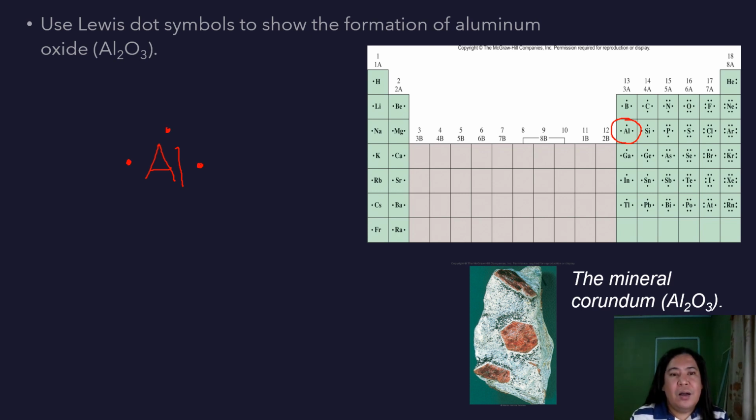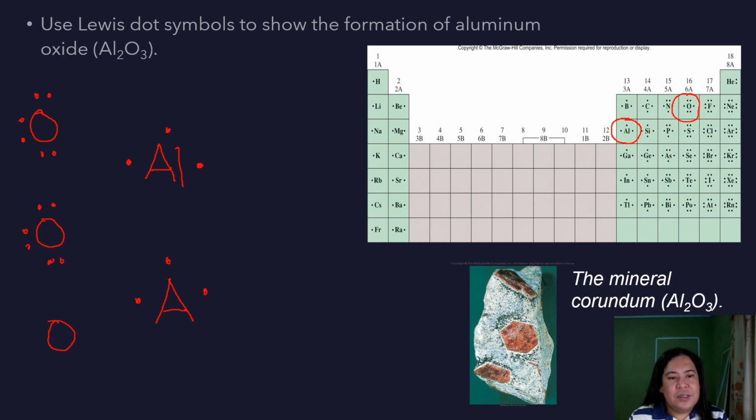Okay, and then ang oxygen ninyo is here. Oxygen has 6 valence electron. Okay, so ang aluminum nyo ay 2, tapos ang oxygen nyo is 3, with 6 valence. Ang valence, 1, 2, 3, 4, 5, 6.